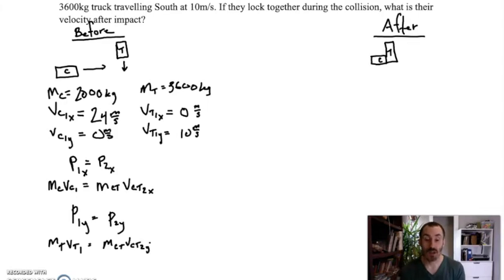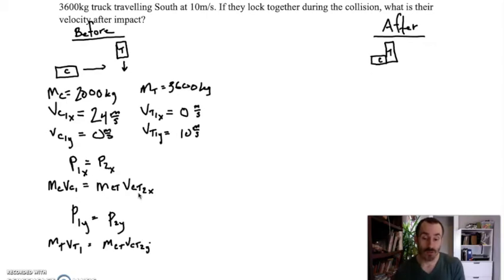There we go. So the momentum of the truck at the beginning in the y direction is equal to the momentum of the car truck, the thing put together, in the y direction at the end. So let's calculate the momentum of the car and the momentum of the truck, and then we're just going to put those two things together.